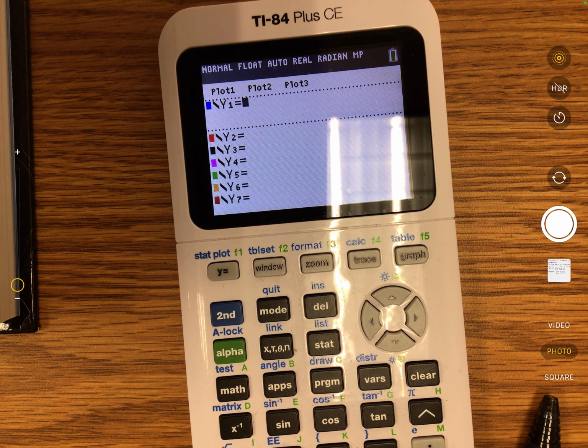An open top box is made by cutting congruent squares from the corners of a 20 by 25 sheet of tin and bending up the sides. How large should the squares be to hold as much as possible? All right, so let's draw this thing out. It's 20 by 25.